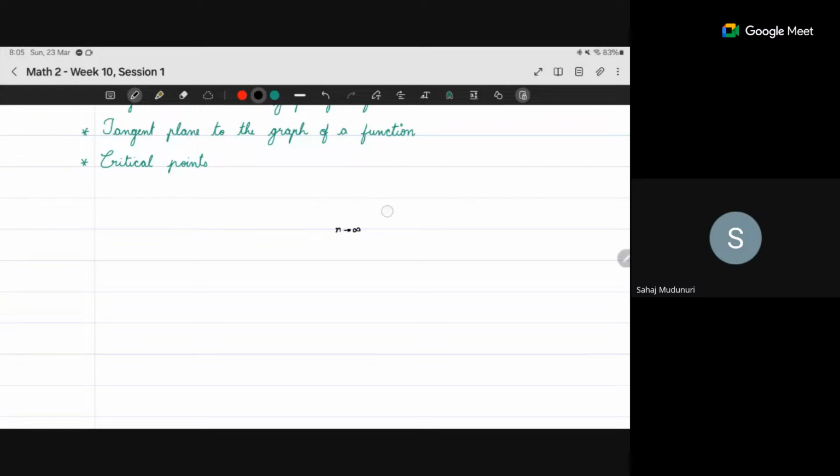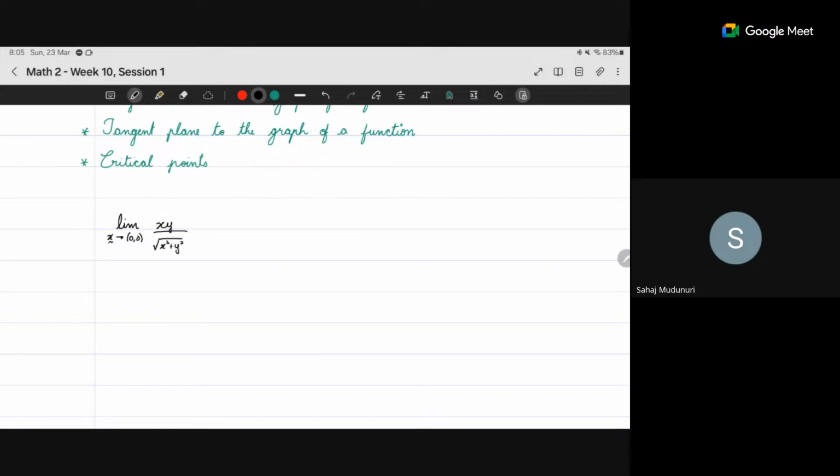Sir, in multivariable functions we have learned, let's say, could you please write this down, sir? The limit as (x, y) tends to (0, 0) of xy divided by root over x square plus y square.